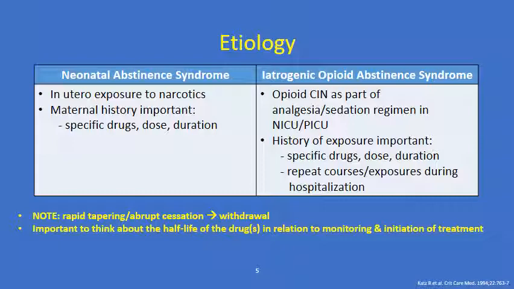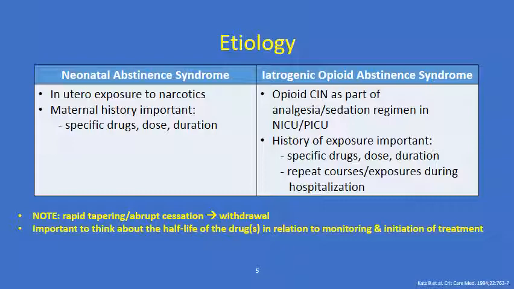And really the same thing for IOAS. So if we're giving a patient a continuous infusion of, say, fentanyl, and we stop that medication abruptly, that could lead to withdrawal as well. So it's important whenever we're on those medications, or if maybe a baby was exposed to those medications in utero, you take that into account.